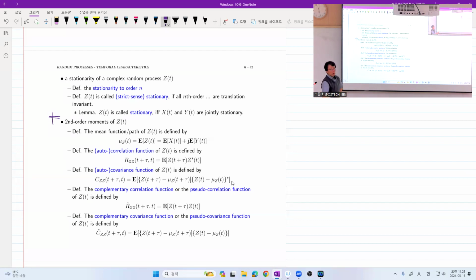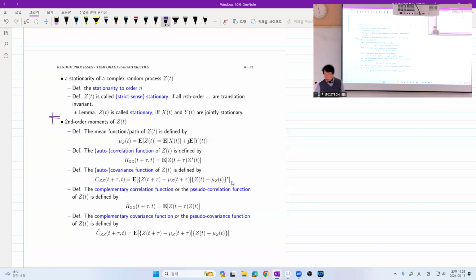What about the autocorrelation and autocovariance function of a complex valued random process? Here comes the difficulty as we've seen in our complex valued random variable. Because ordinary extension of ordinary correlation does not fully provide all the second order information.